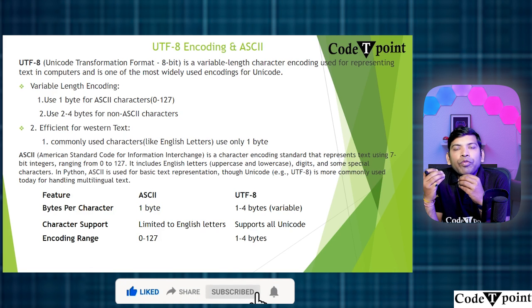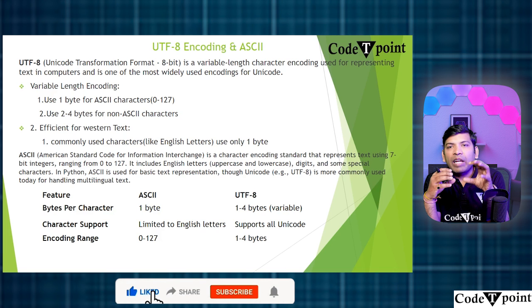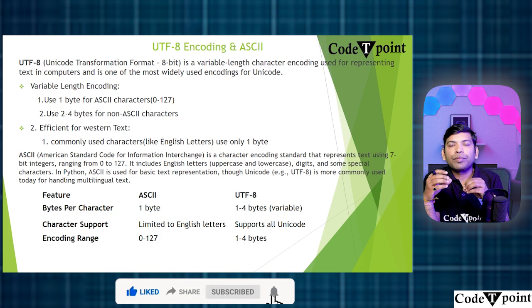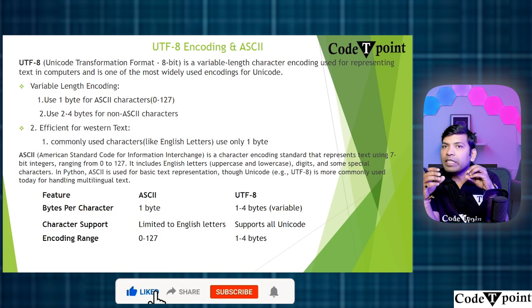Whenever we write a high-level language, it is supposed to be encoded into binary form. Those languages which we use as high-level language are in the form of English characters or English letters. So ASCII is mainly used for English letters or English characters.